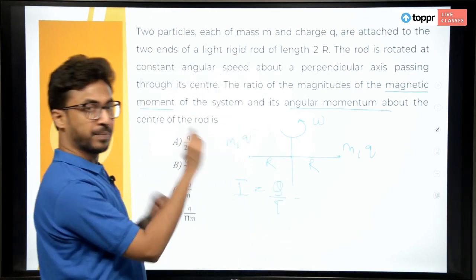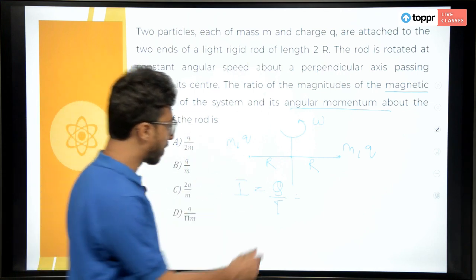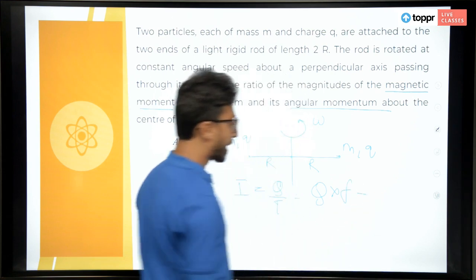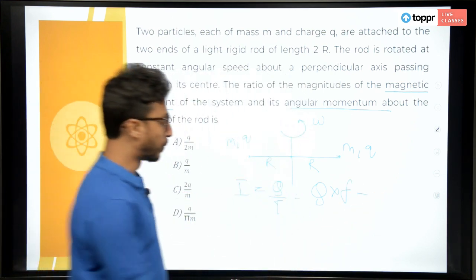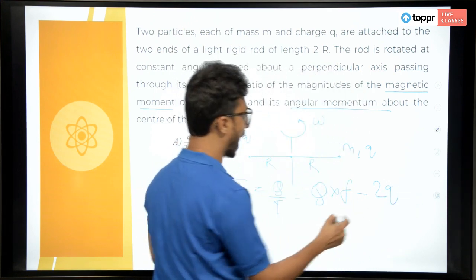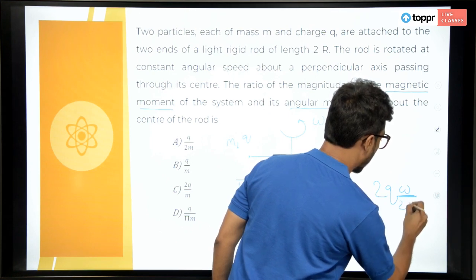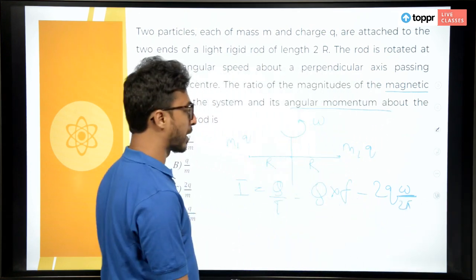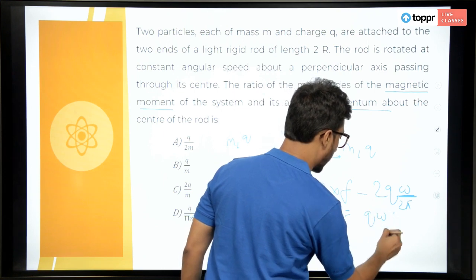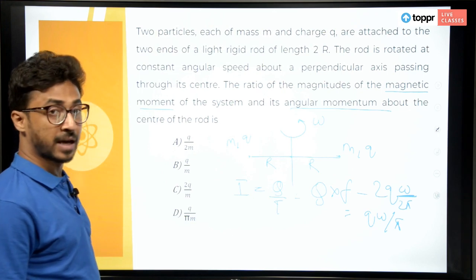Here t is the time period, so 1 by time period is frequency, so charge into frequency. Here charge is 2q, and if the angular speed is omega, the frequency is omega by 2 pi. So 2q omega by 2 pi is nothing but q omega divided by pi. This is the current, I.